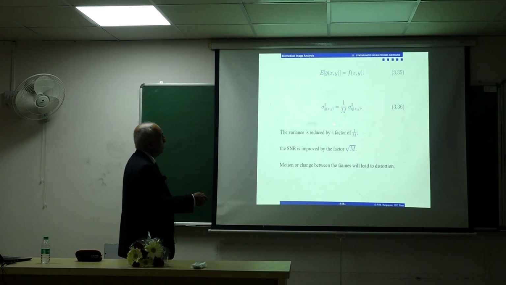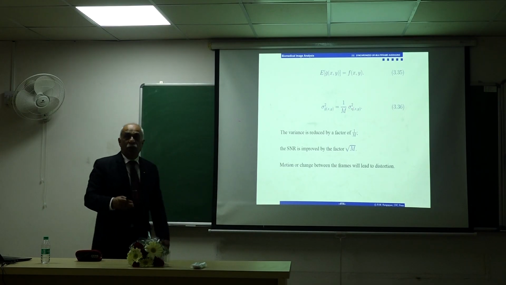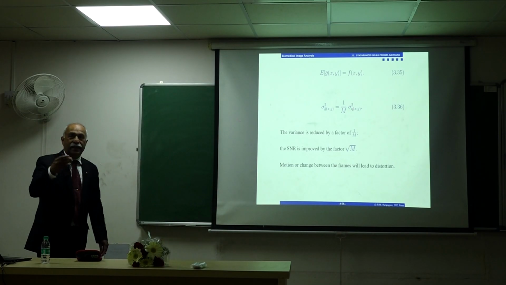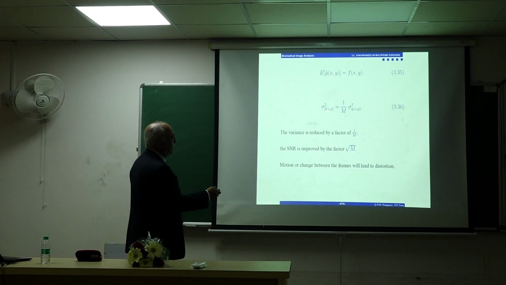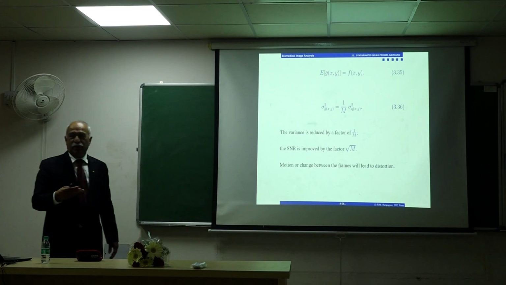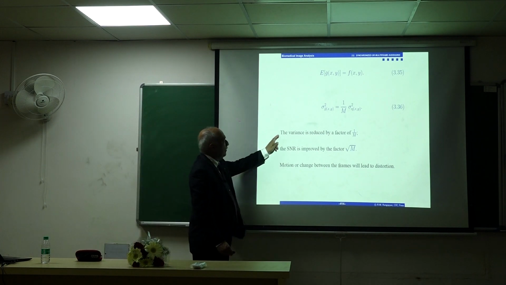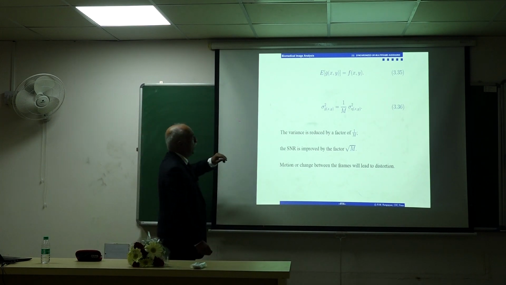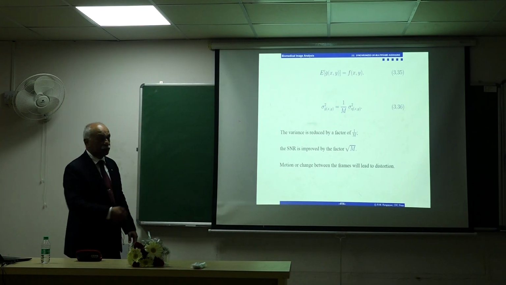And you can show that the variance sigma square of g bar is 1 over m times the variance of the noise. So the variance of the observed image reduces with the number of images that you are acquiring and averaging. So the variance is reduced by a factor of m. The SNR is improved by a factor of square root of m, because you're using the variance here.